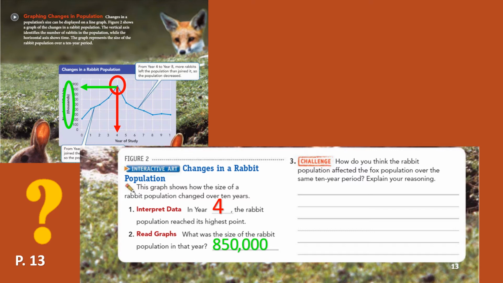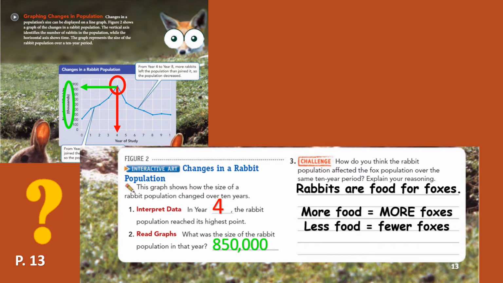It says, how do you think the rabbit population affected the fox population over the same 10-year period, and explain your reasoning, right? So we ought to know that rabbits are food for foxes, right? We should know that. And therefore, if I see a whole bunch of rabbits, 850,000 rabbits, then that's a whole lot of food, right?